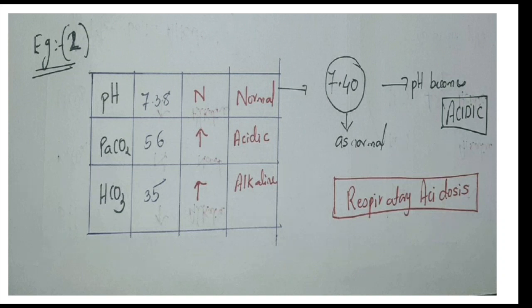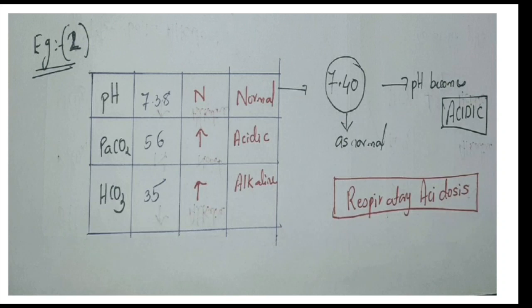Neither PCO2 nor HCO3 is getting matched with pH because pH is normal here. So what you have to do in such readings, if you don't get anyone equal with pH? In the initial example, you have seen pH was acidic and PCO2 was acidic. Both were equal. So we considered that condition as acidosis. But what in this case? pH is absolutely normal.